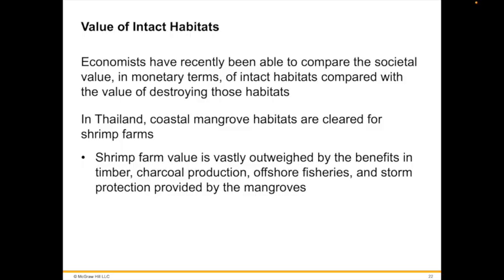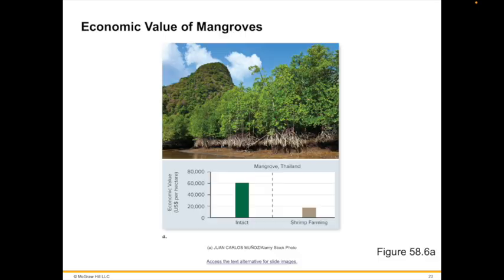In Thailand, as one example, coastal mangrove habitats are commonly cleared so that shrimp farms can be established. Although the shrimp produced are valuable, their value is vastly outweighed by the benefits in timber, charcoal production, offshore fisheries, and storm protection provided by the mangroves, which you see here.